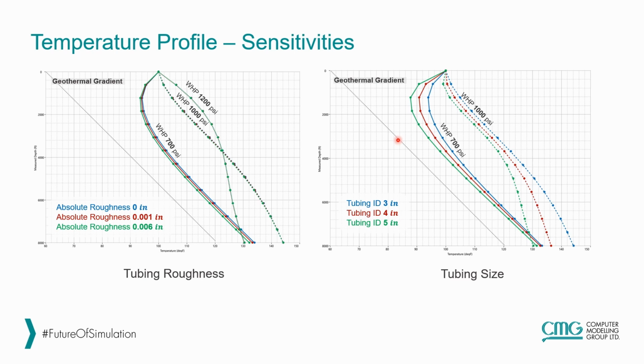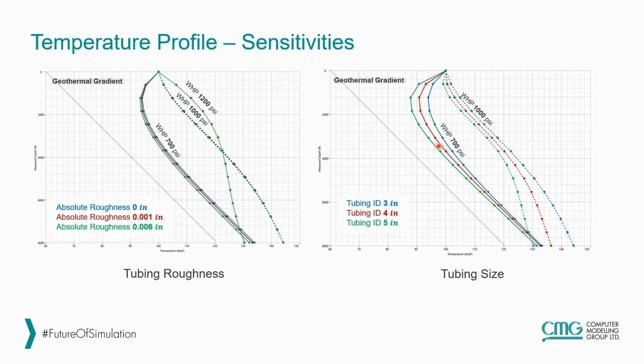Two phenomena are happening at the same time when we are increasing the tubing ID. At the bigger tubing IDs, we give more room to CO2 for compression, so CO2 is being compressed less. This means less increase in temperature.